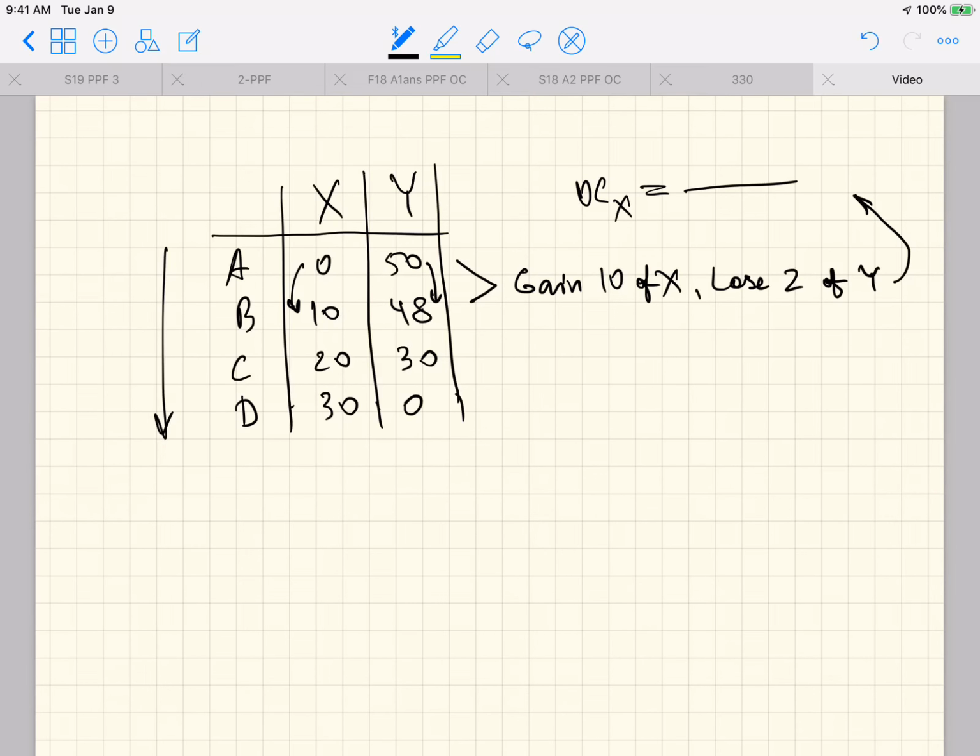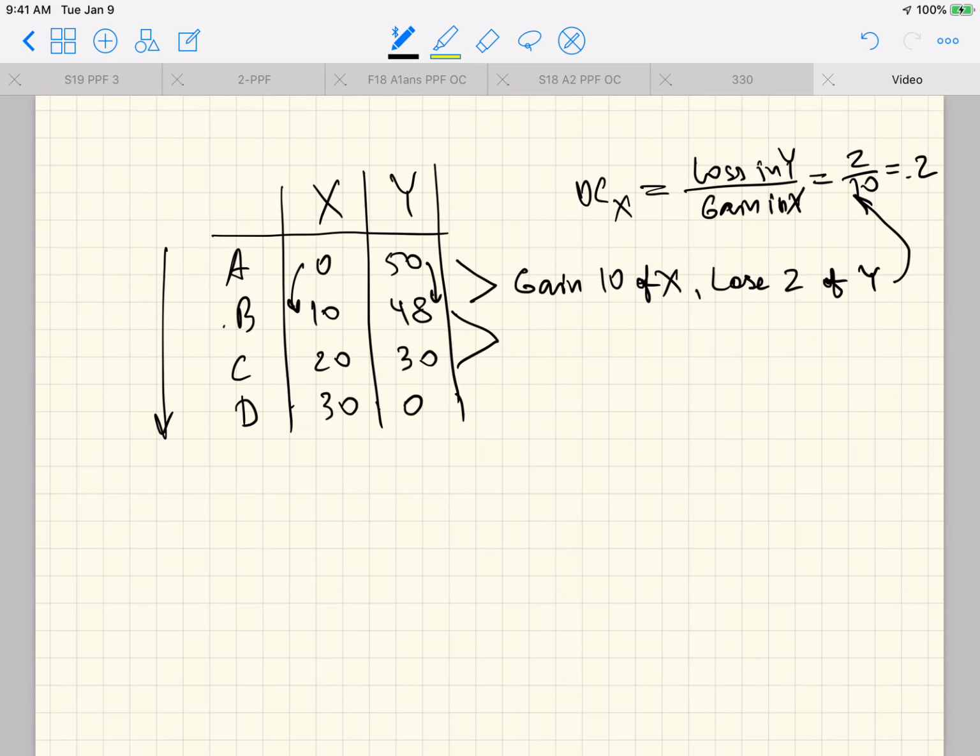Let's write it down. Loss in Y over gain in X, so it's 2 over 10, so it's 0.2.